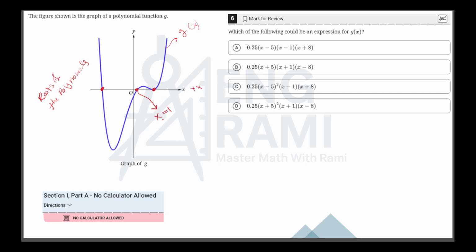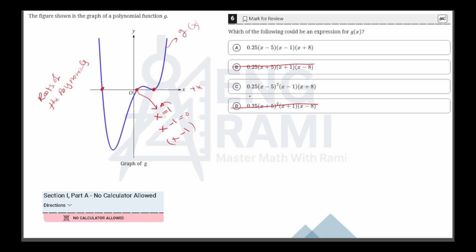So x equals 1, x negative 1 equals 0, we just move 1 to the left side. And we know that x negative 1 is the factor form of this root. Return back to here, we have x plus 1 and x plus 1, so we can eliminate those answers.